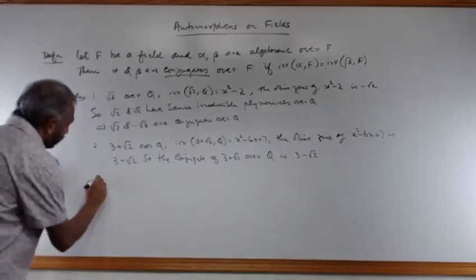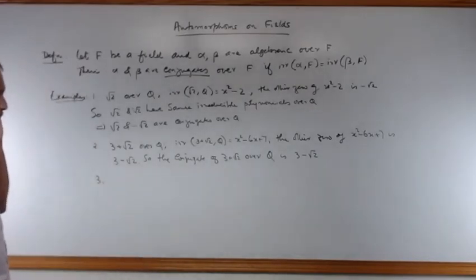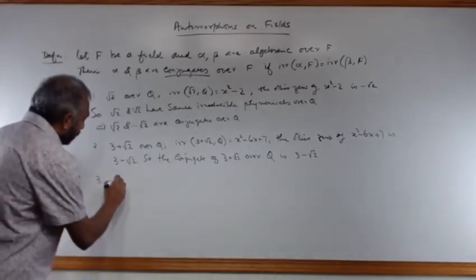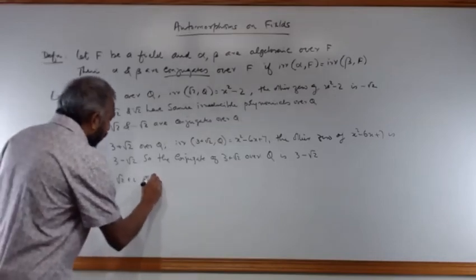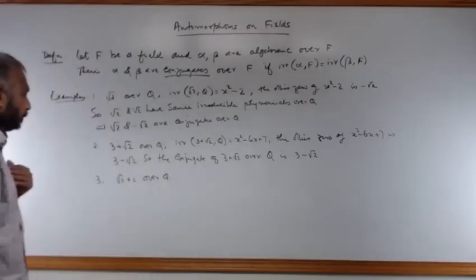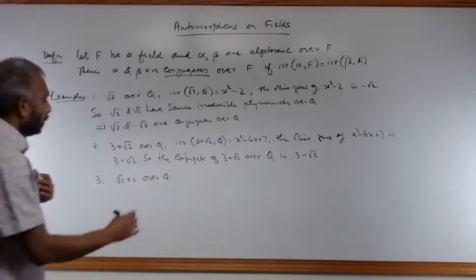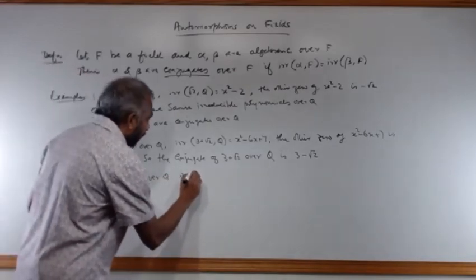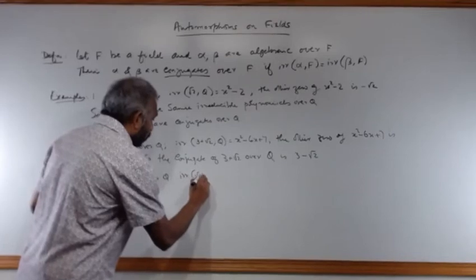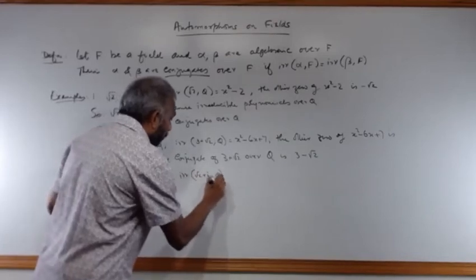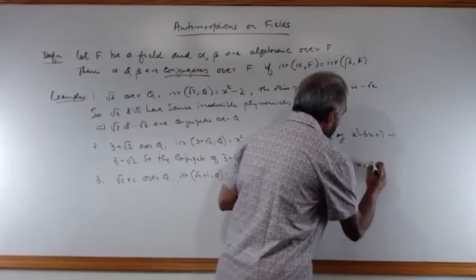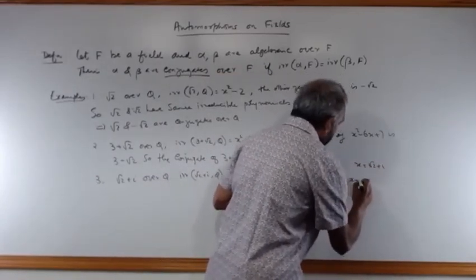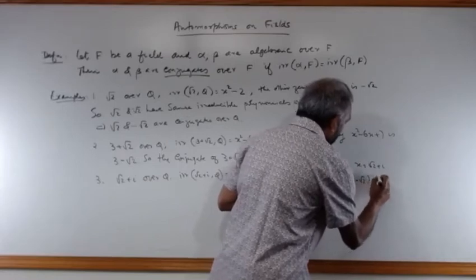Let us do one more. Let us take root 2 plus i over Q. So the irreducible polynomial of root 2 plus i over Q is what? x equal to root 2 plus i, x minus root 2 is equal to i.